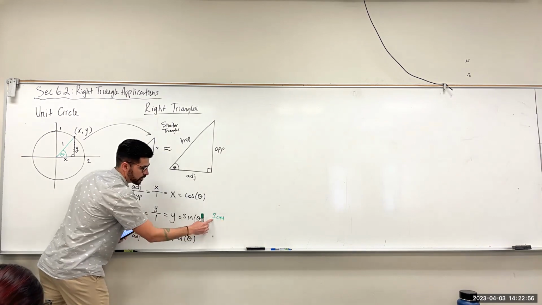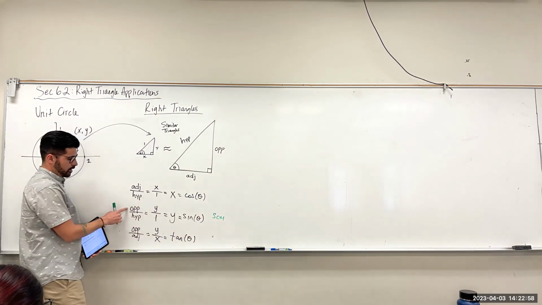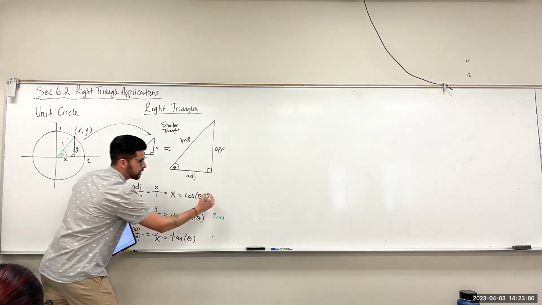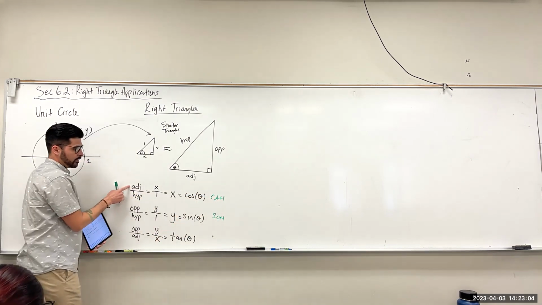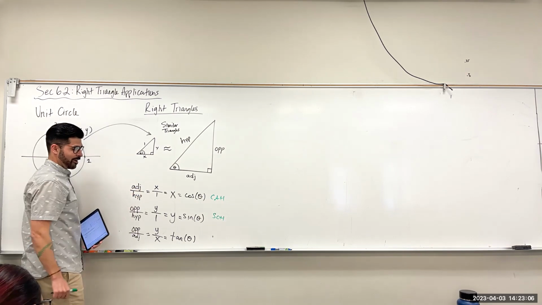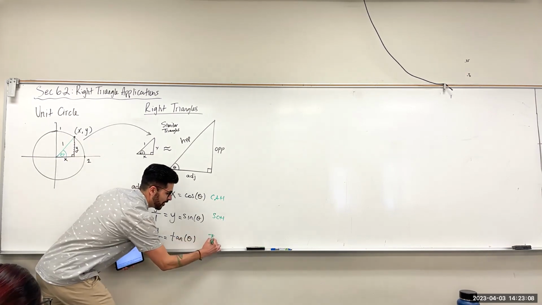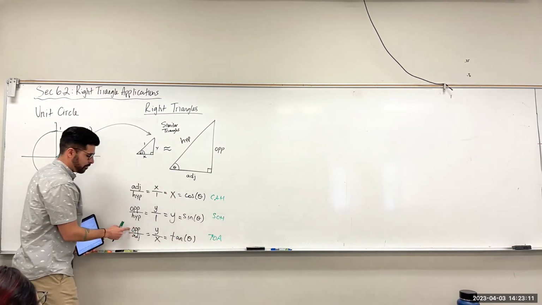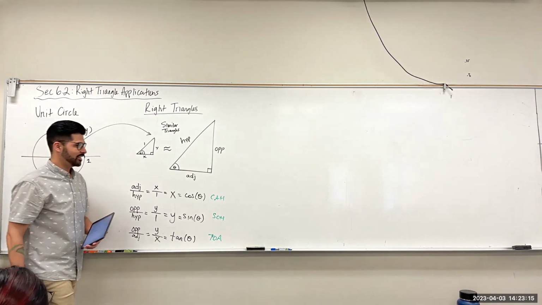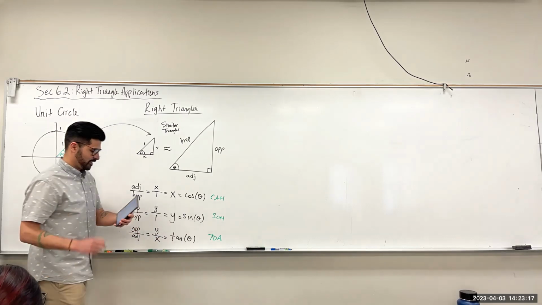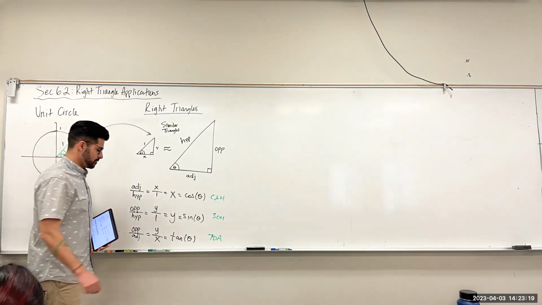So it stands for sine is equal to opposite over hypotenuse. Cosine equals adjacent over hypotenuse, and then TOA. Tangent is opposite over adjacent. CAHSOHTOA, that's another way to say it. Still accurate.